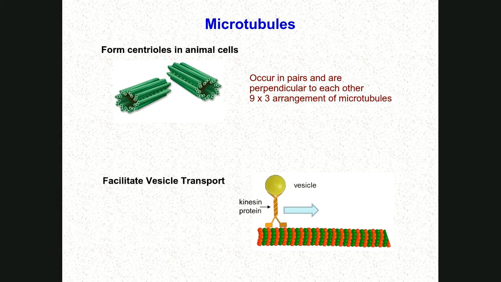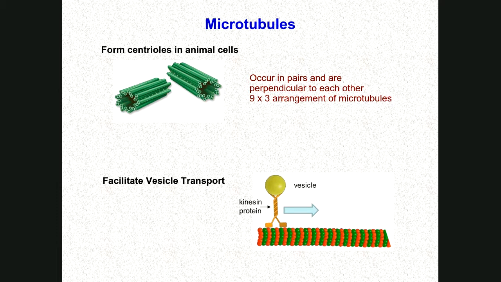Therefore, the cell dies. A lot of times we use this molecule during chemotherapy to kill the tumoral cells. To kill the tumoral cells, we target their microtubules. When we block the microtubules, the cell can no longer separate the chromosomes during cell division.